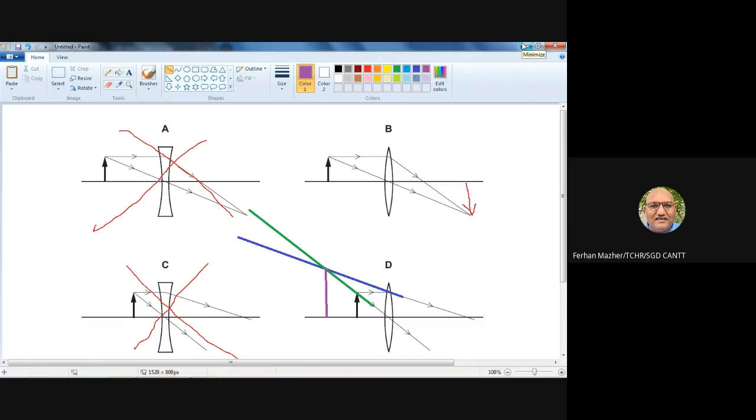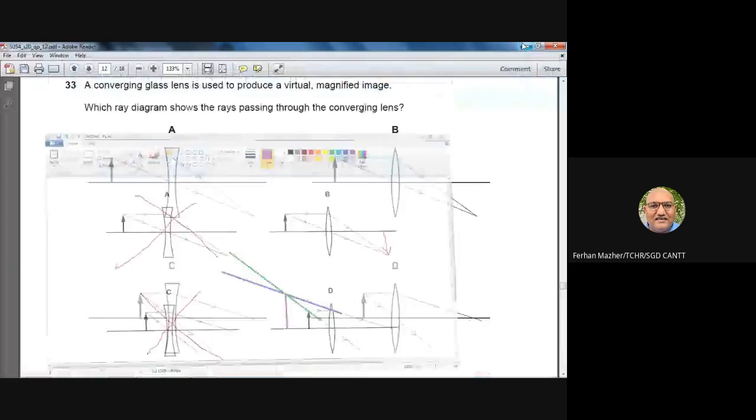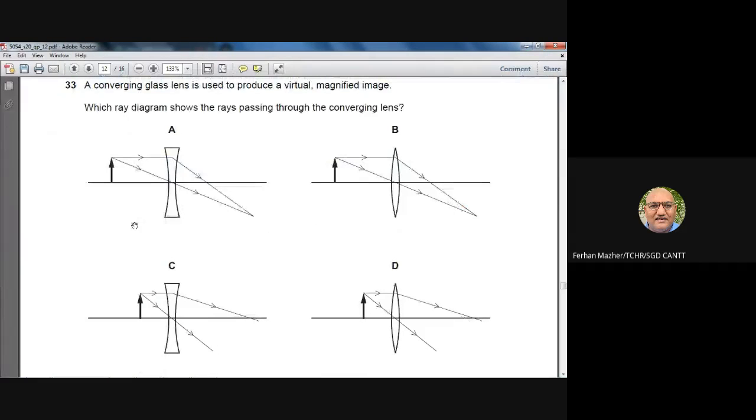I hope you have understood. His question was, a converging glass lens is used to produce a virtual magnified image. Which ray diagram shows the rays passing through the converging lens? These two are straightforward wrong because they are not converging lenses. So B and D, they have the competition.